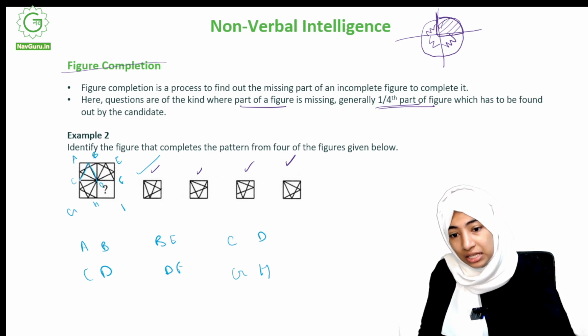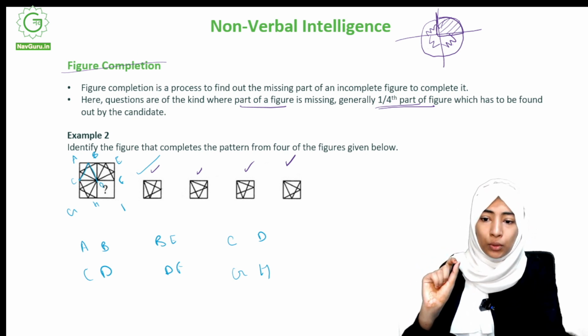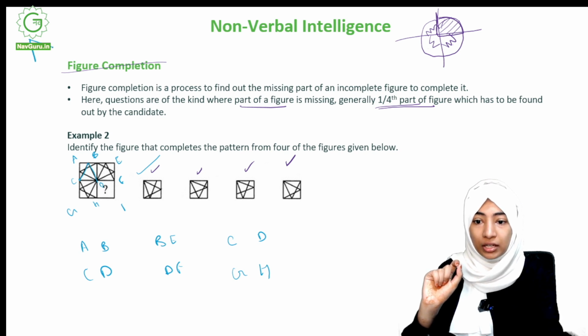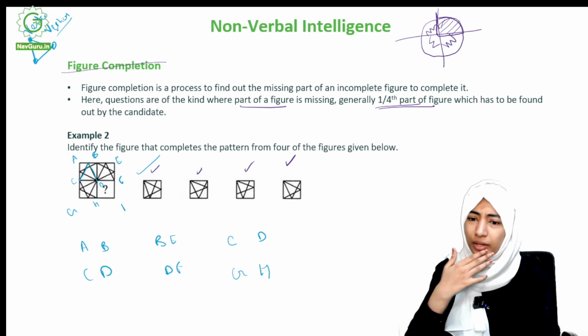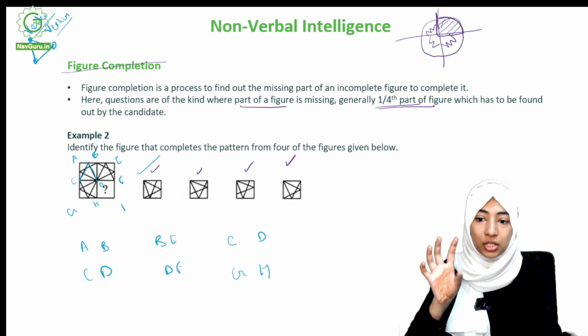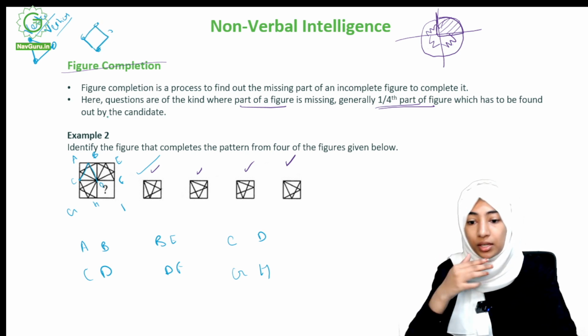So basically it starts from one vertex. I hope you guys know what vertices are. In a figure, these sharp turn points are called vertices. One point is called a vertex, and the plural of that is vertices. Vertex, vertex, vertex, vertex.